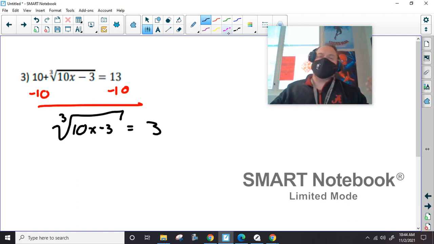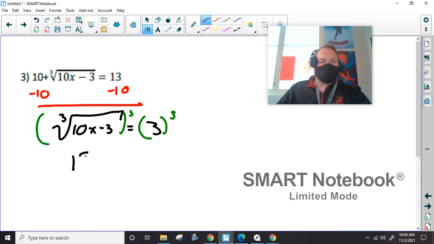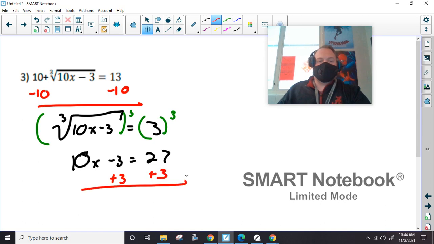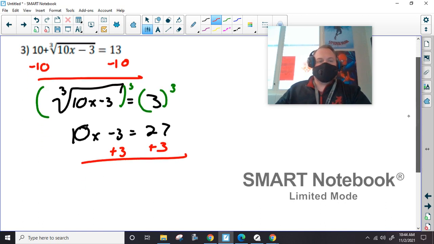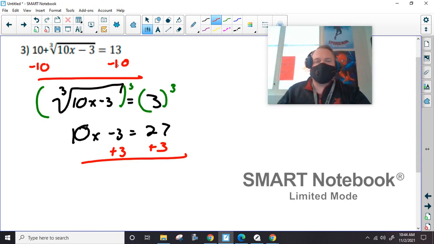So instead of squaring both sides, we actually have to cube both sides. I subtracted 10 right here first. That's what I did on the first step when your head was somewhere else.